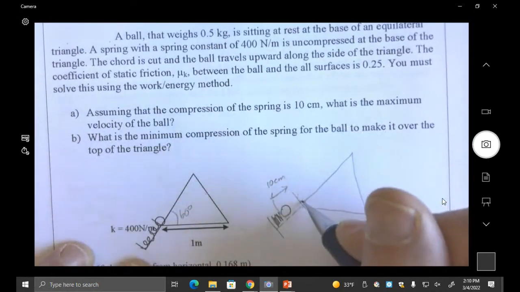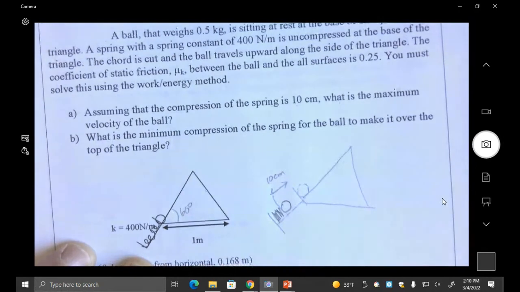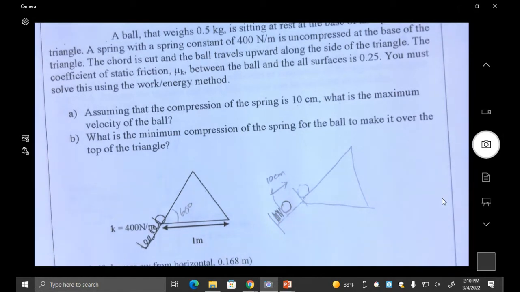Well, that's going to be right here after the spring has moved to its unstretched length. When the ball releases from the spring, yes. Not how long the spring is, just how much it's compressed.